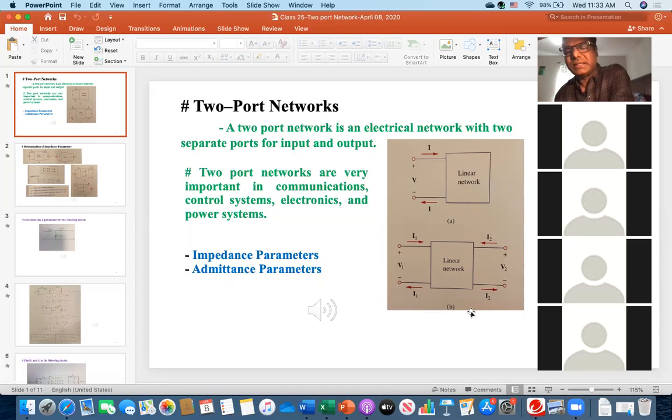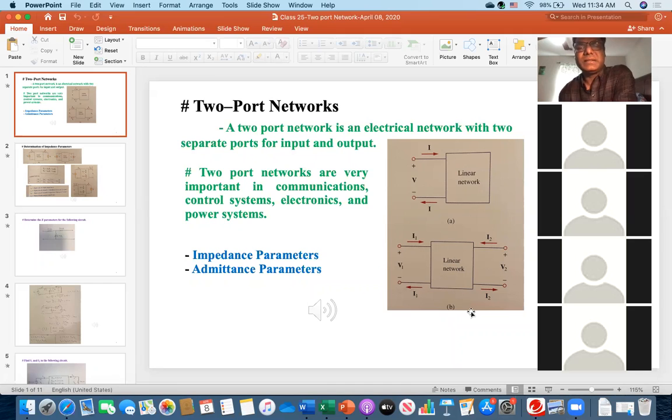Similarly, in electronics, you might have studied the transistor. There is base, emitter, and collector, those three points on a transistor. So a transistor is also an example of a two-port network. Or it might be any cascading network. All are examples of multi-port or two-port networks.